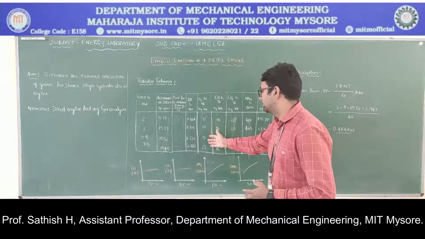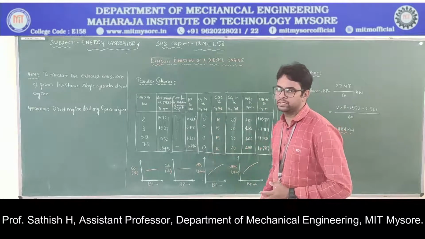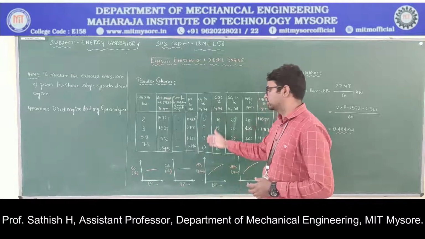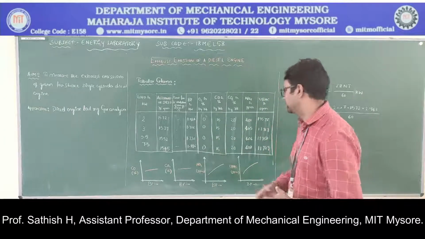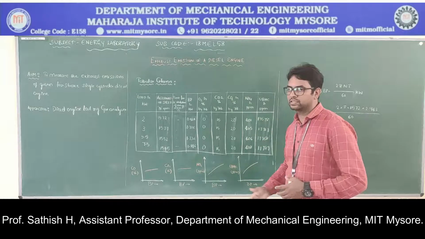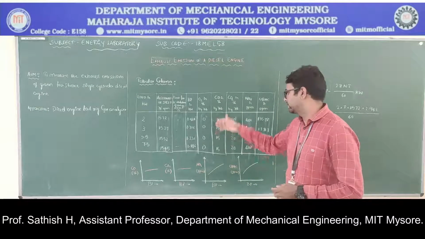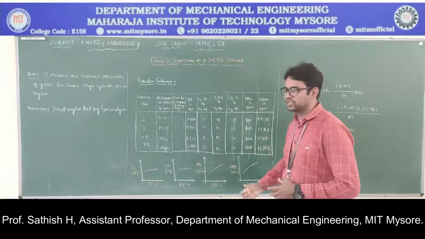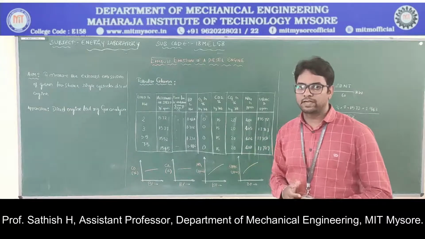These are the oxygen levels in all the cases, for different loading conditions, and the value is 0. This is the carbon monoxide percentage by volume, 15 in all the cases, and carbon dioxide is also not changing, 20% by volume.